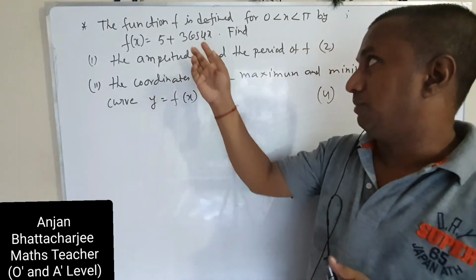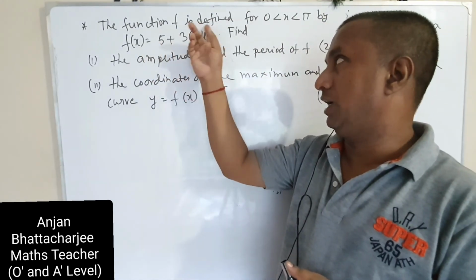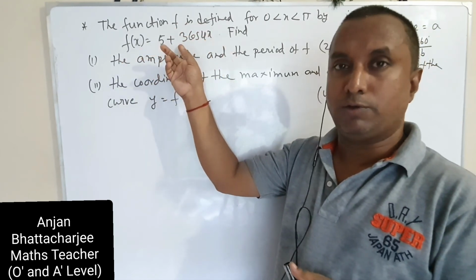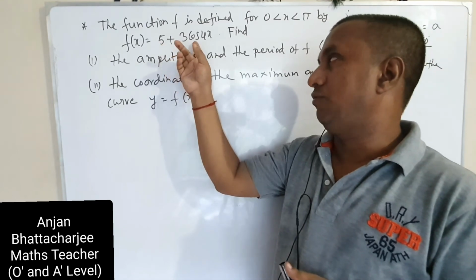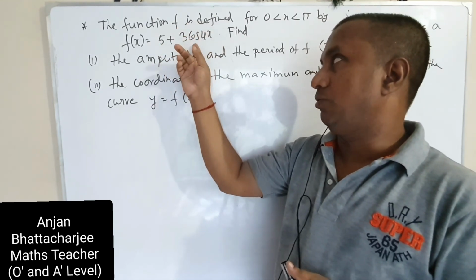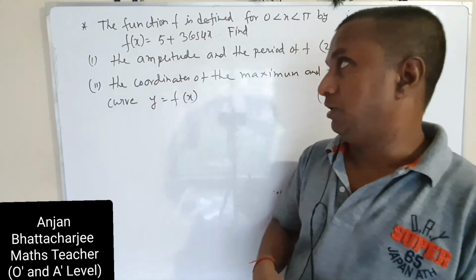So for maximum, if you put 1 here instead of cos 4x, it will be 8. So f(x) equals 8. This is the maximum value of f(x). And if you put cos 4x equals minus 1, I mean the whole thing minus 1, it will be 3 into minus 1, that is 2. It will be the minimum value.